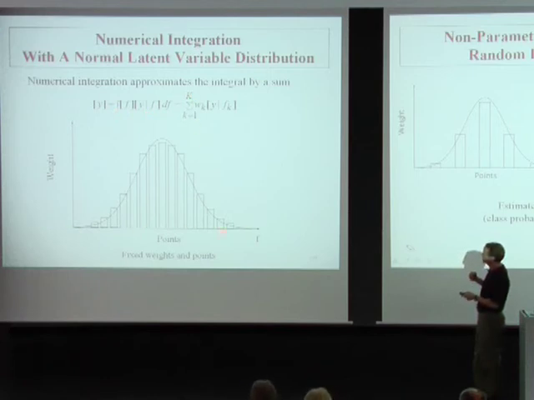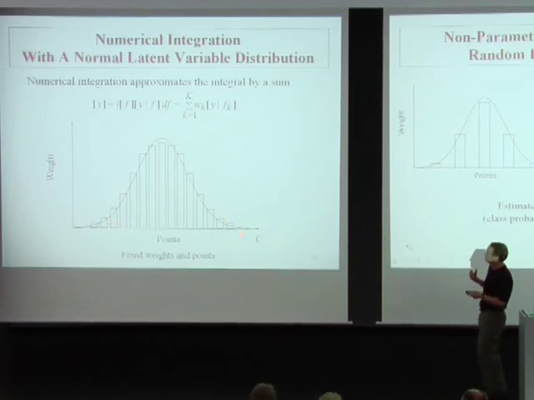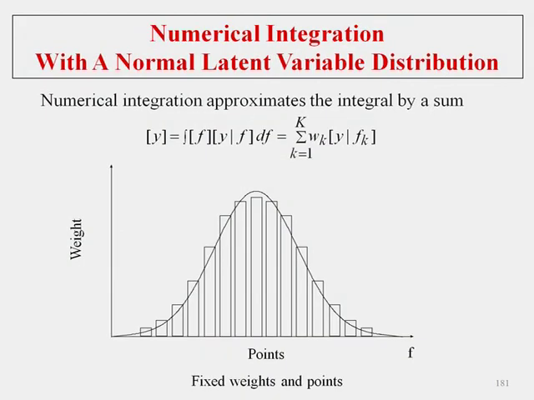The more points, the better the approximation. So you get weights, the heights of these histogram bars, times the function evaluated at certain f values here. And the more histogram points you have, the better the approximation. You can see that yourself.